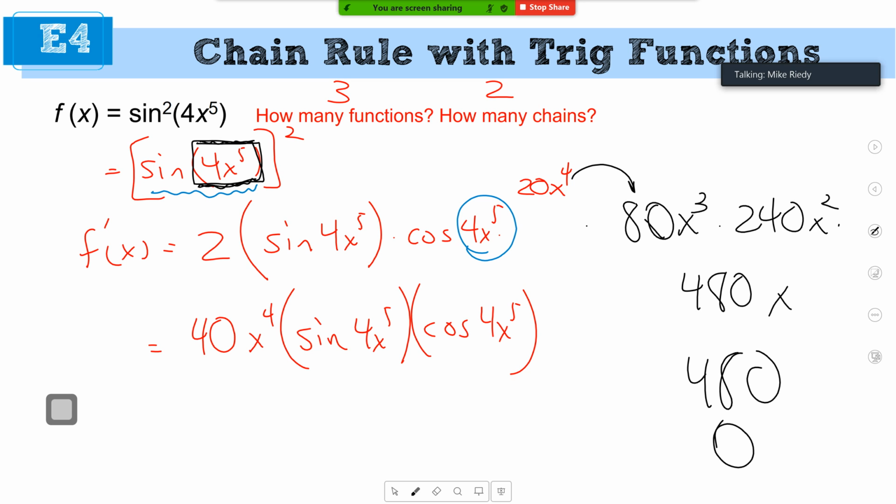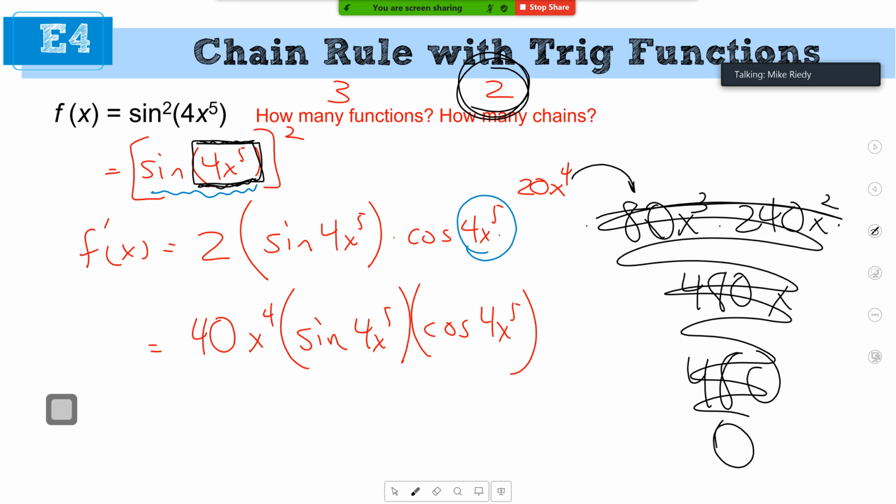And you see that we go down that rabbit hole that causes all kinds of problems. Some functions allow you to keep going if you didn't know what you were doing. But we only want 2 chains. So therefore, this goes away, and you stop after the 2. We good?